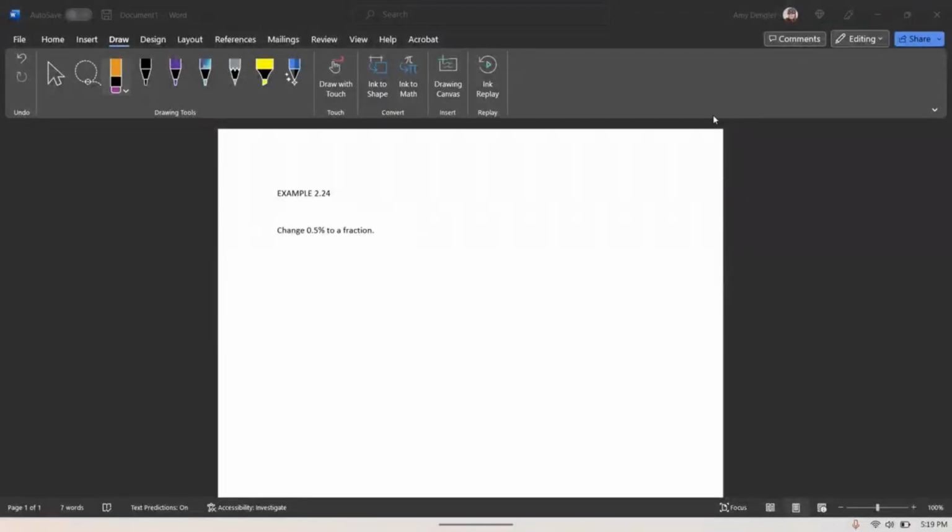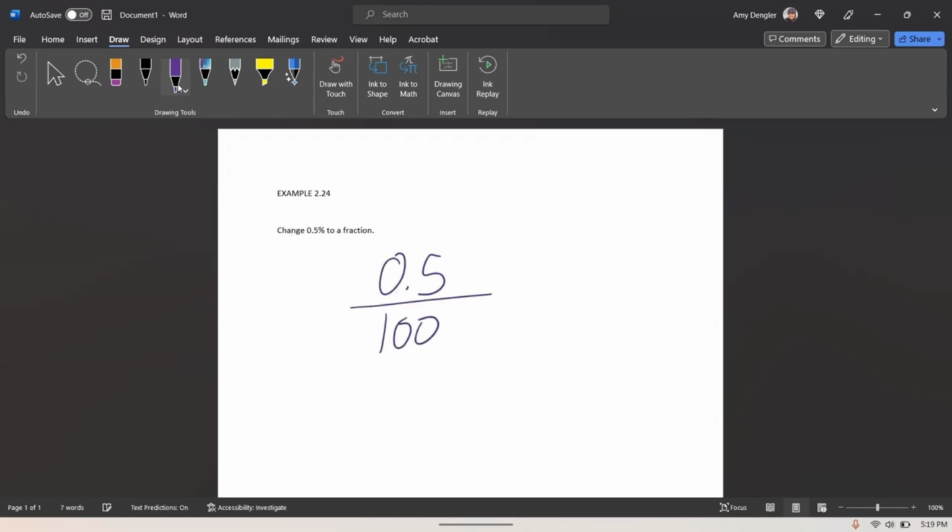Example 2.24, we're changing 0.5% to a fraction. Only thing here different is we have a decimal. So if you look at the example in the book, it kind of shows you a little bit of a confusing way to figure it out. So I'm just going to rewrite it as 0.5 out of 100, which is what we do to turn percentages into fractions.